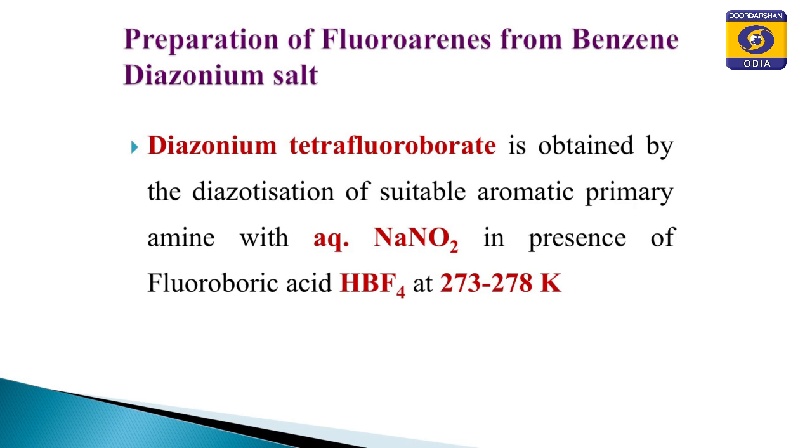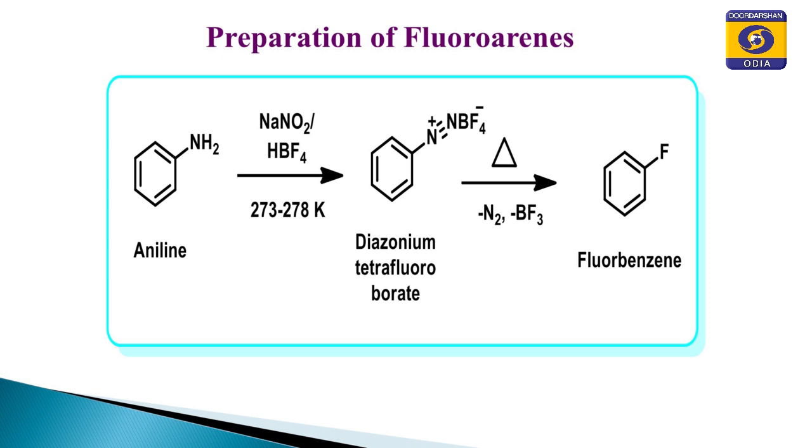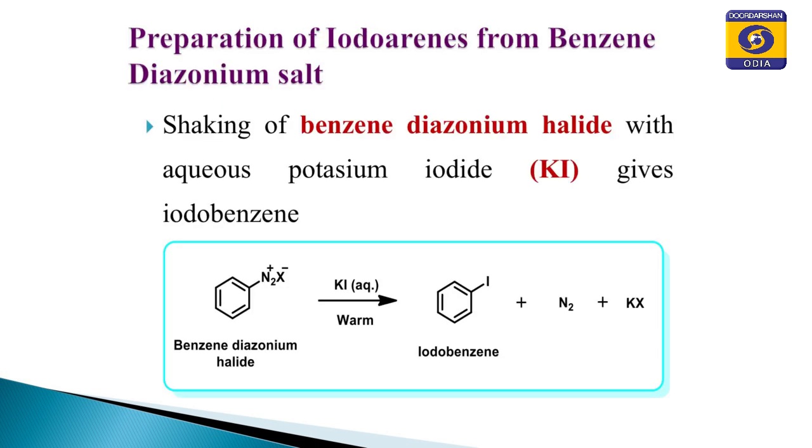So, this is the advantage: we can prepare fluorobenzene from benzene diazonium halide, whereas fluorobenzene cannot be prepared by direct halogenation of benzene. Similarly, iodoarenes can also be prepared from the benzene diazonium salt. What is the reagent we are using here?